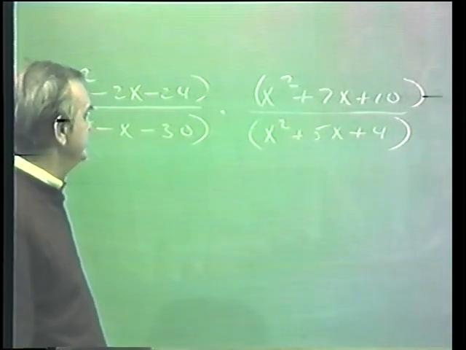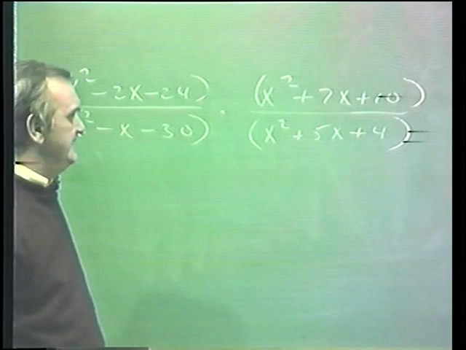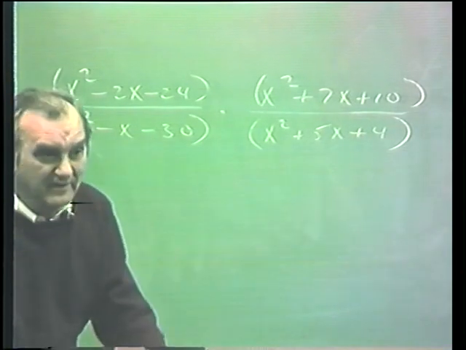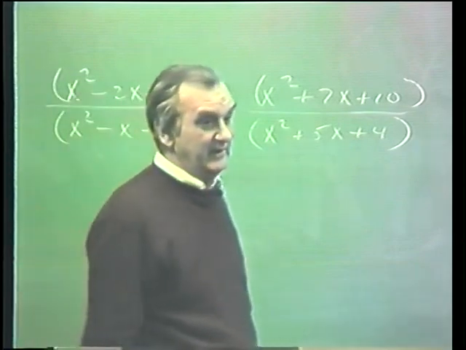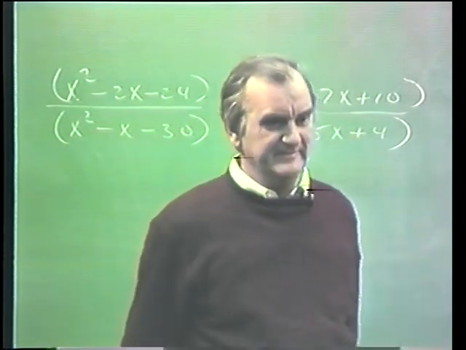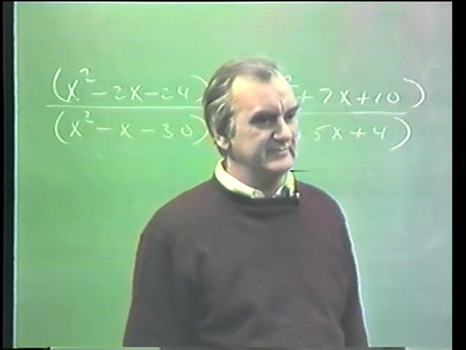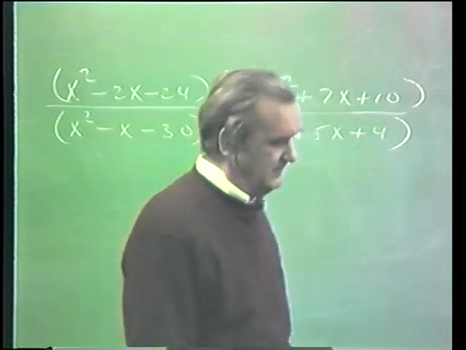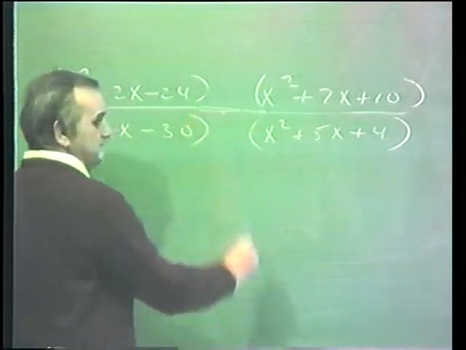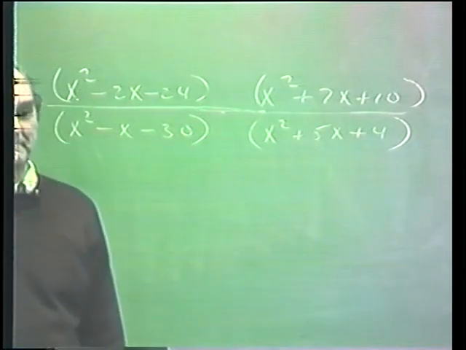Of all the things you have ever learned in math, of all the things you will ever learn in math, there is nothing easier than multiplying algebraic fractions. Nothing. Watch. I'm done multiplying.